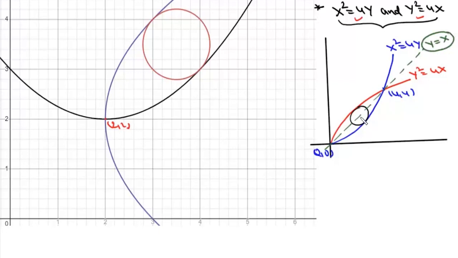Now from symmetry we can establish that the center of this circle will lie on this line, which is y equals x. Now previously while solving the question, I made an assumption that the center of the circle will be the midpoint of (0, 0) and (4, 4), which essentially is incorrect.